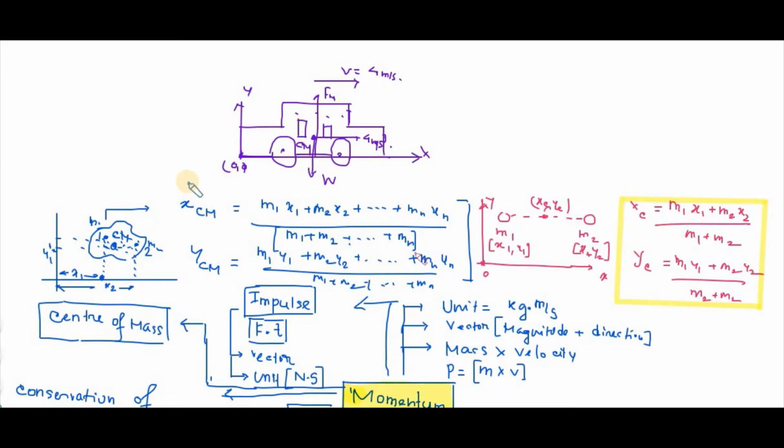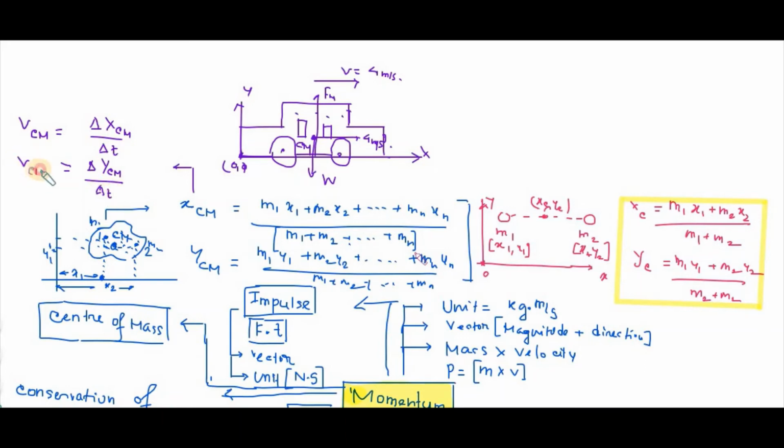Now corresponding to the center of mass position, we have the velocity of the center of mass. It is defined as the change in the position of the center of mass with respect to time along the x direction, delta x cm upon delta t, and as well as along the y direction, delta y cm upon delta t. Now after combining these, we find the net velocity.